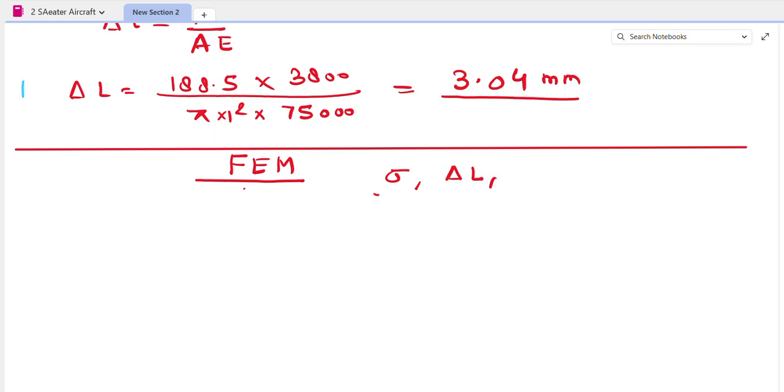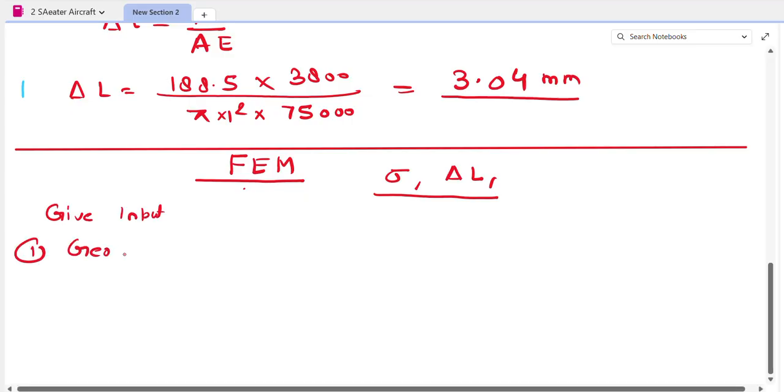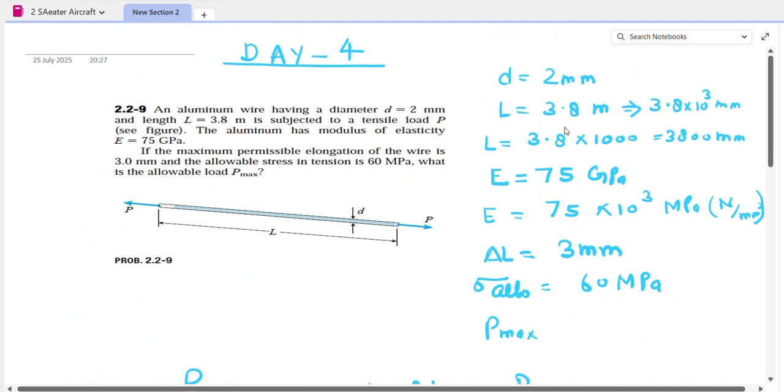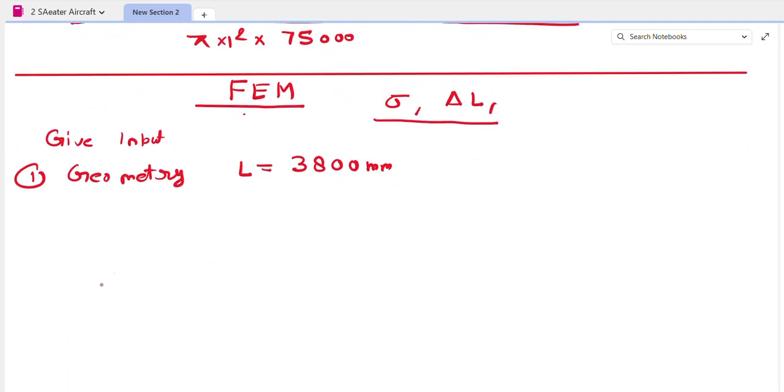So what do we give as input? First step is geometry, where we give length equal to 3800 millimeters. Let me cross verify again: 3.8 meter is 3800 millimeter. Okay, this is our geometry.